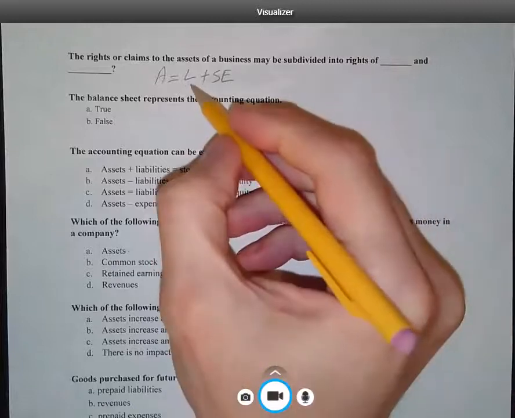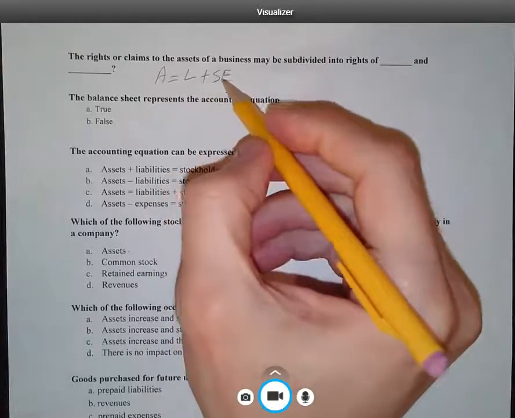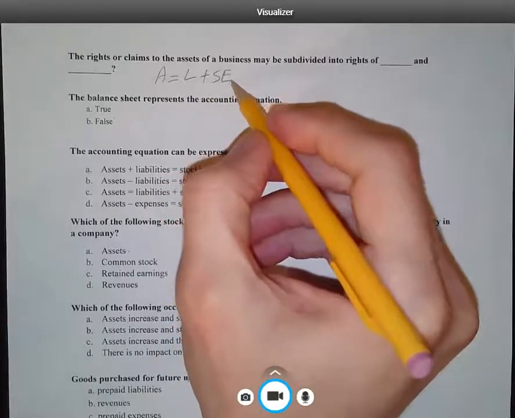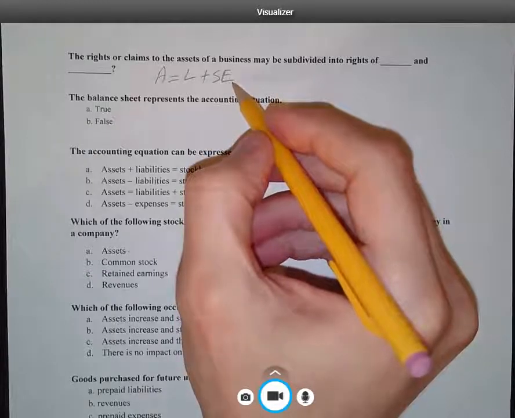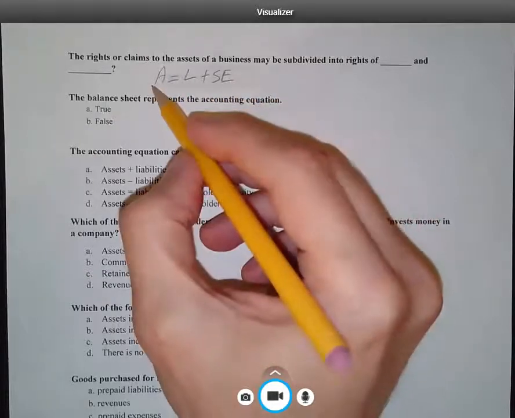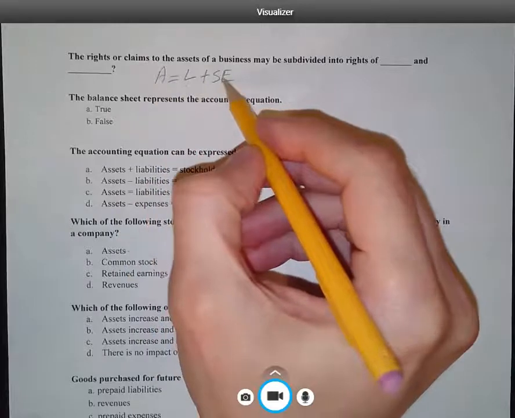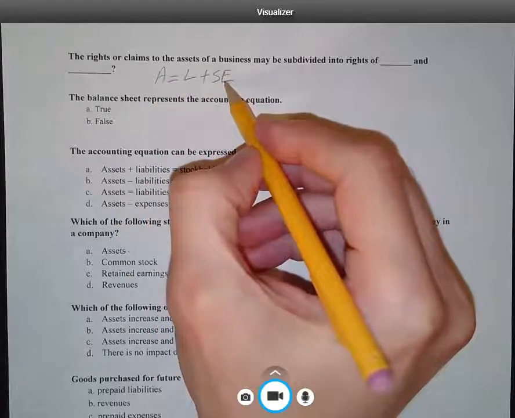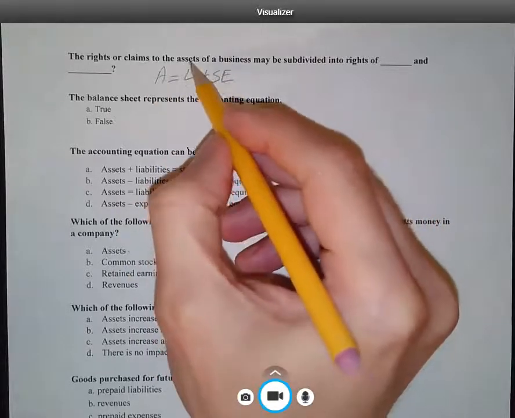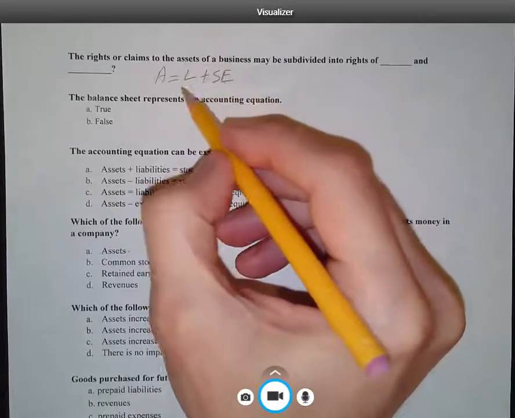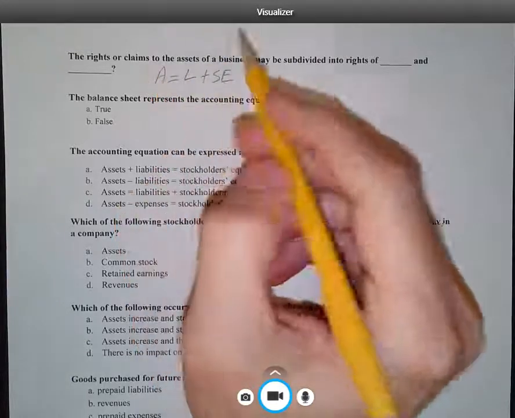Because if we think about what we said earlier, stockholders' equity is really net assets. So if assets equal liabilities plus stockholders' equity, this L here is a subtraction from assets, is it not?